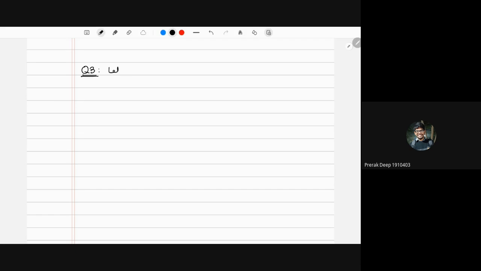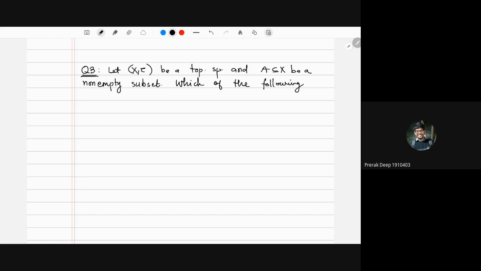Now let's discuss question number 3. This question says: let (X, tau) be a topological space and A be a non-empty subset of X. Which of the following are true? Option A: A is contained inside the A closure.